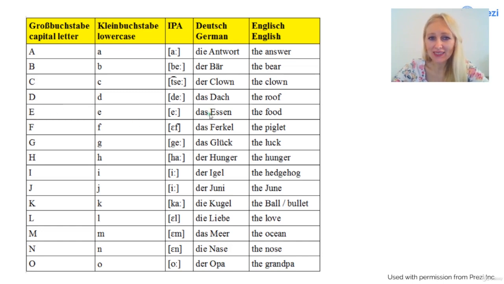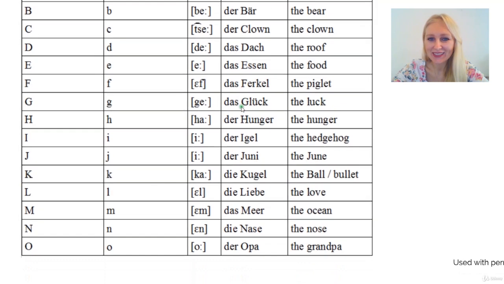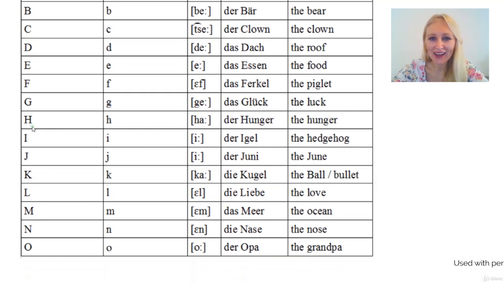E, das Essen, the food. F, das Ferkel, okay, das Ferkel. G, das Glück, okay, das Glück. H, der Hunger. As you see in English, the hunger.